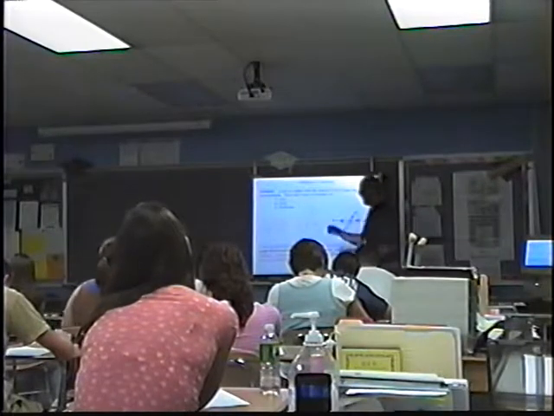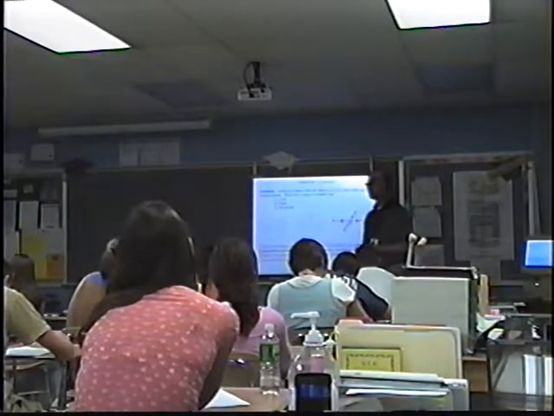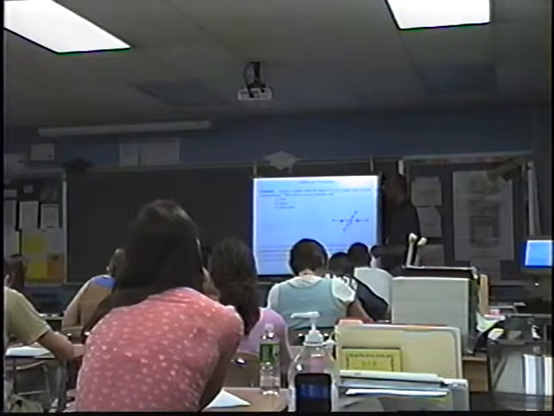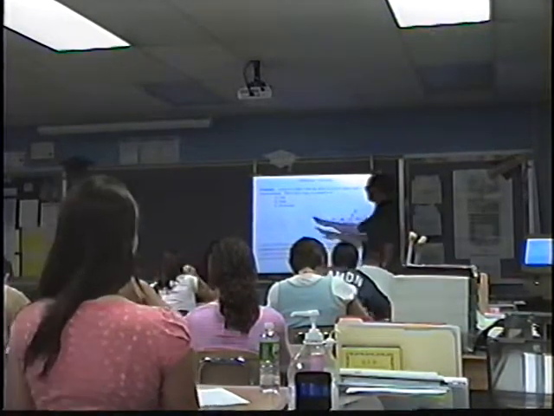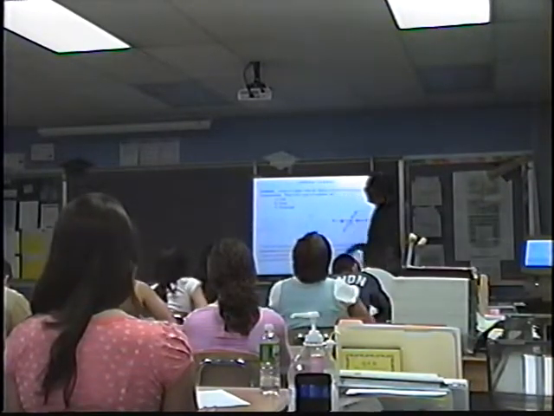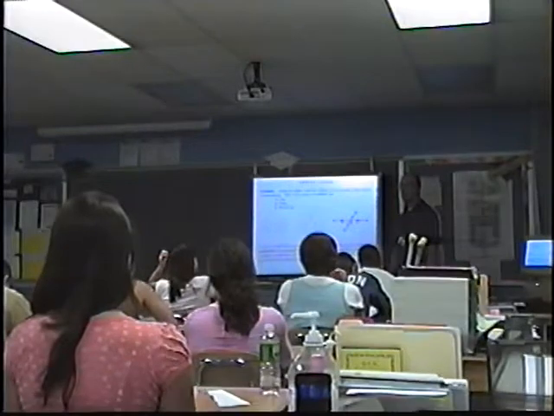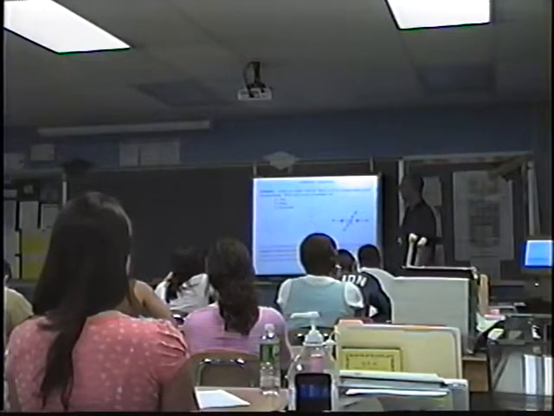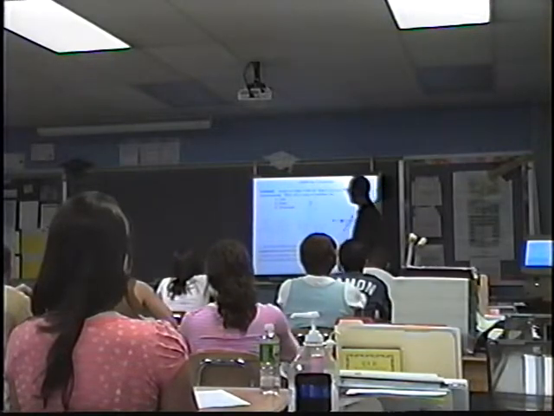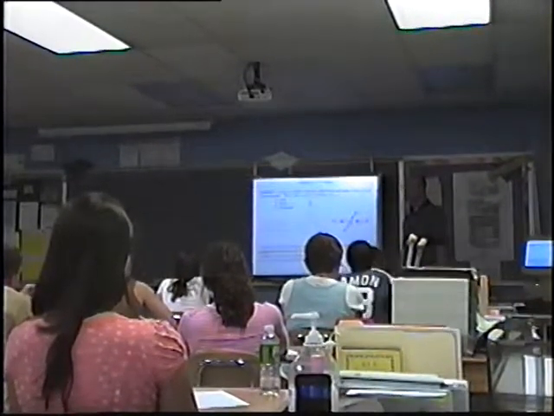Hopefully, I have the definition up there. We've talked about symmetry before. We talked about the line of symmetry in a parabola. Looking at these, 1, 2, or 3, which one of these has line symmetry? The middle one. So here's the line symmetry. Which one has point symmetry?